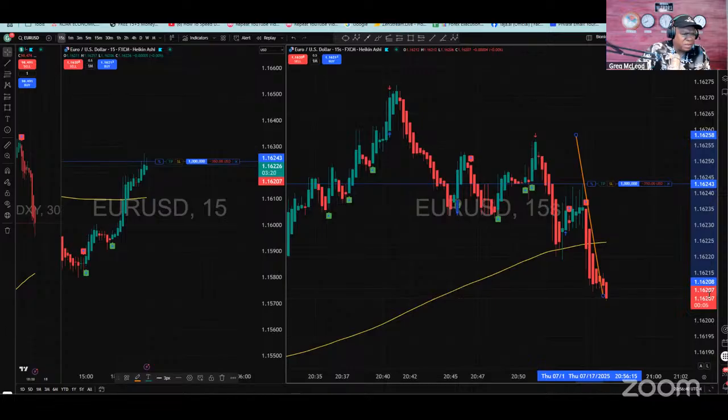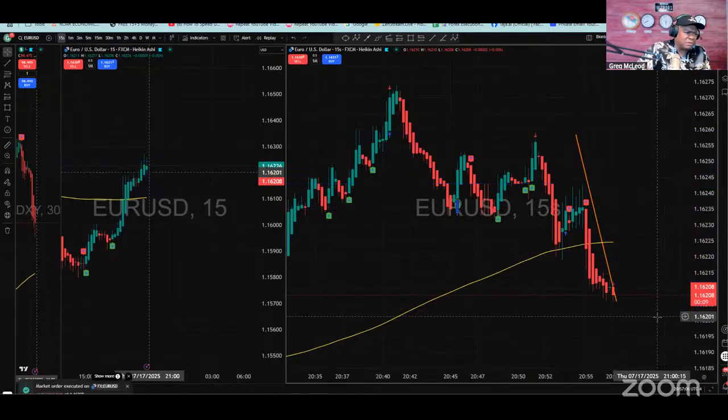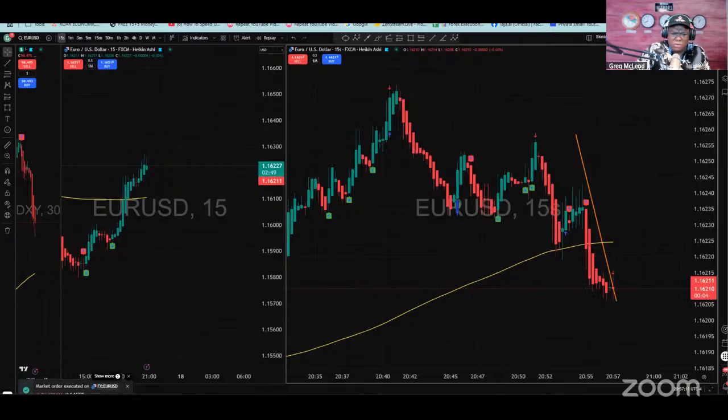I am going to bail on this. I don't have a higher time frame red arrow, but I have lower time frame red arrows. Down 370. I'm cutting it. I'm out. A little fly in the ointment there, right?